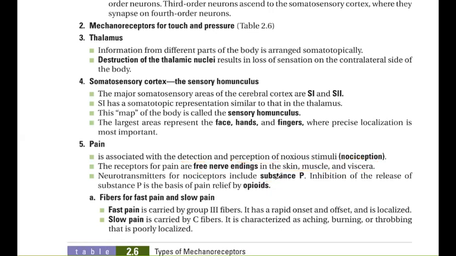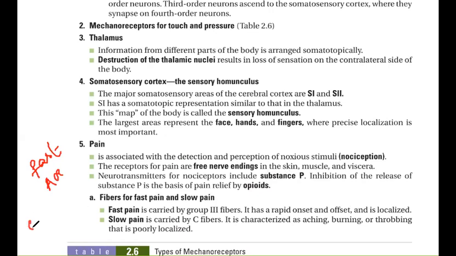Now in this book there are some things which are not so clear, but I want to explain two things, or you can write it in your book. For fast conduction, the nerve fibers are A alpha, and they do not use substance P. Substance P is for slow conduction.